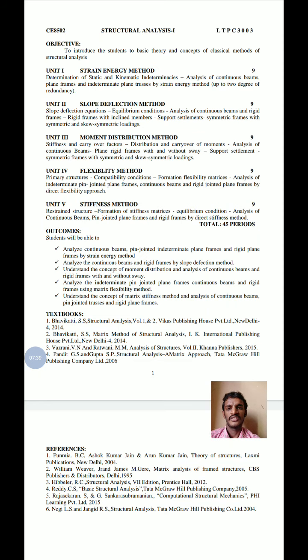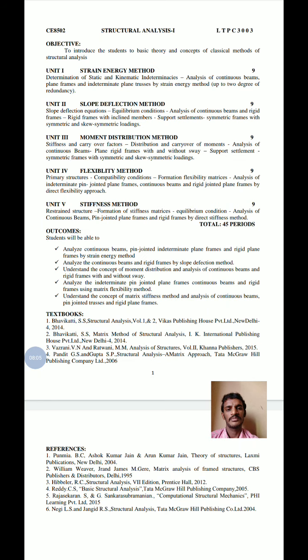Unit 5, stiffness method. The stiffness method is also called the displacement method or equilibrium method, because in this concept displacement is considered as unknown. In the flexibility method, forces are treated as unknown. In the displacement or stiffness method, displacement is treated as unknown.